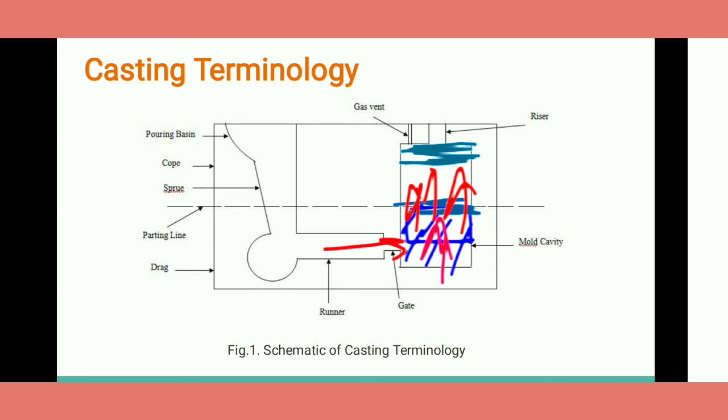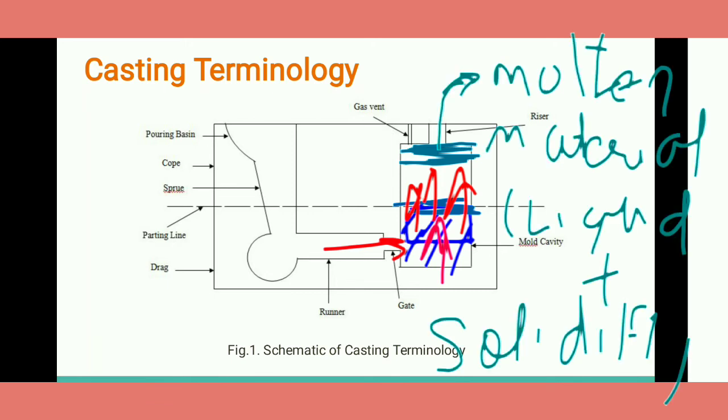Whatever time is taken to fill this mold cavity by the molten material, not that much time is required, but some amount of that molten material has been solidified, a little amount.